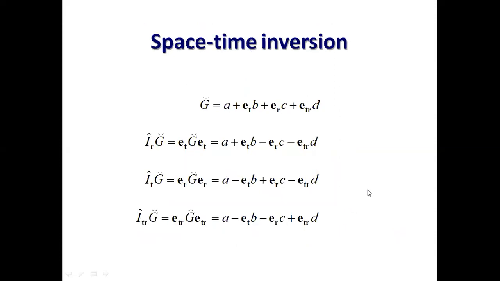Let us consider space-time inversion in more detail. The space inversion is carried out using ET basis elements. If we multiply our quaternion by the ET element, we obtain a new quaternion in which we have minus signs in the space and space-time parts.